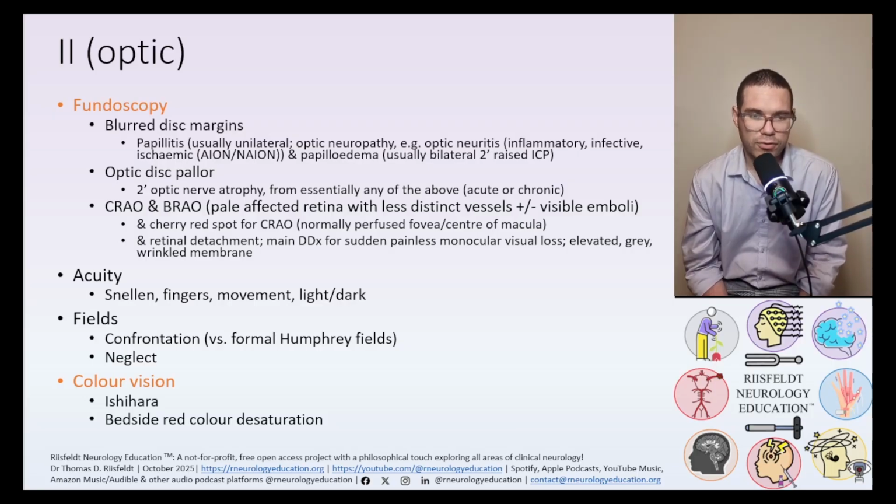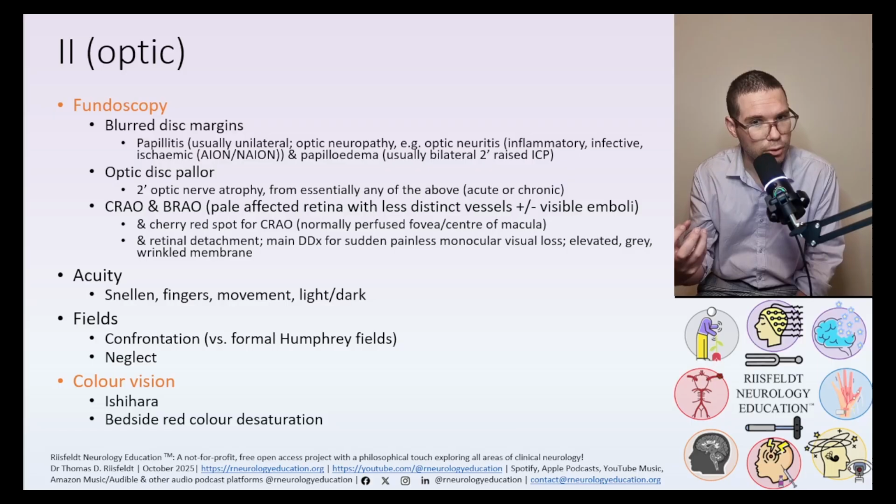So, if you see a blurred optic disc margin, what does that mean? Well, it can be papillitis, so that's swelling of the optic nerve head, the anterior optic nerve in the intraocular or intraorbital compartment of the nerve, which causes a blurred optic disc, and that's usually going to be unilateral in most cases. Not always, because you can have bilateral pathology, but a lot of the time that will be unilateral.